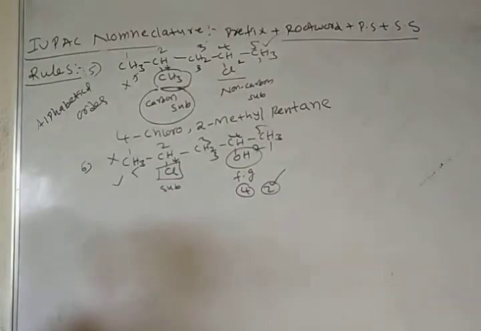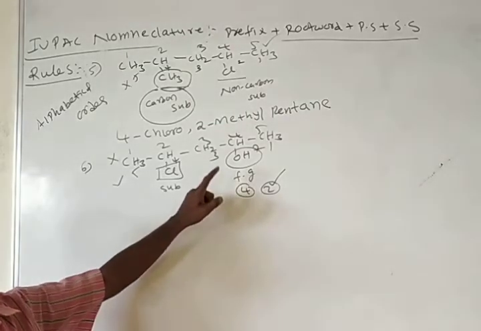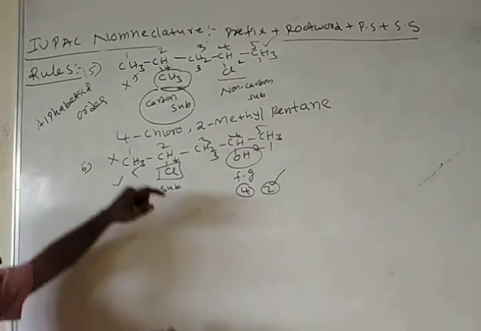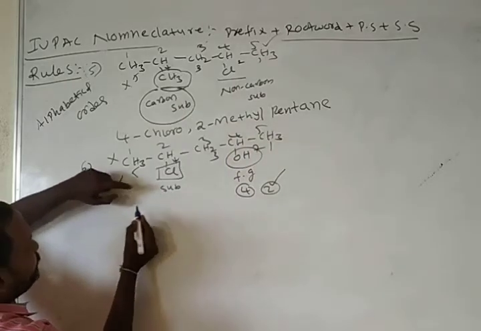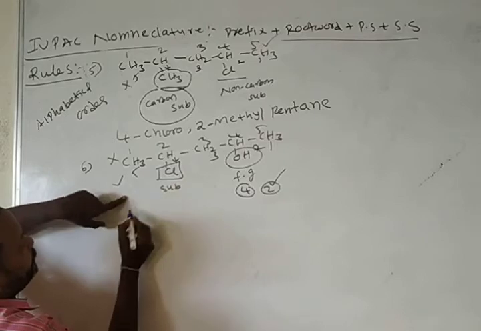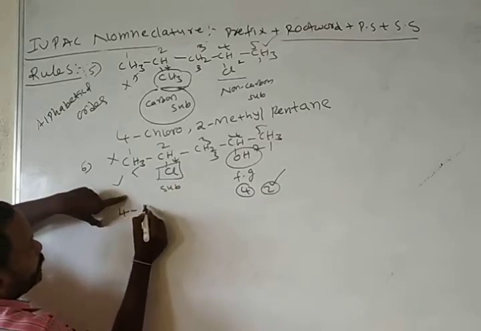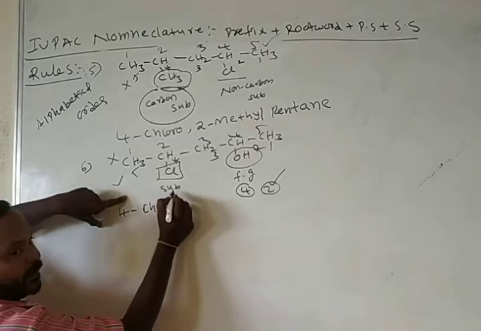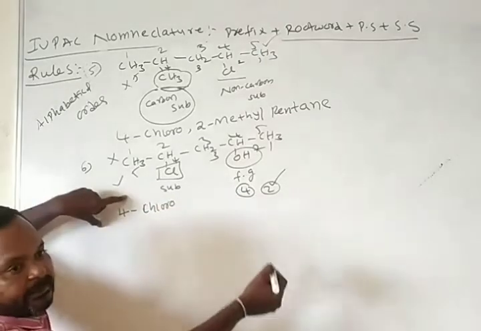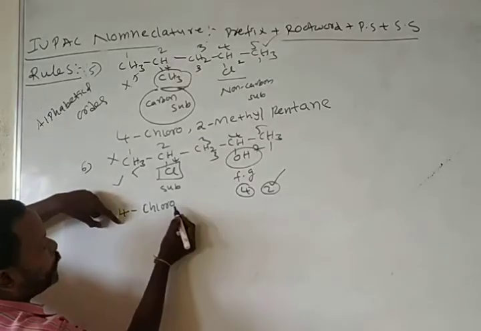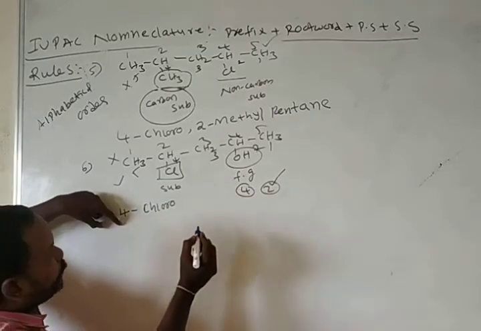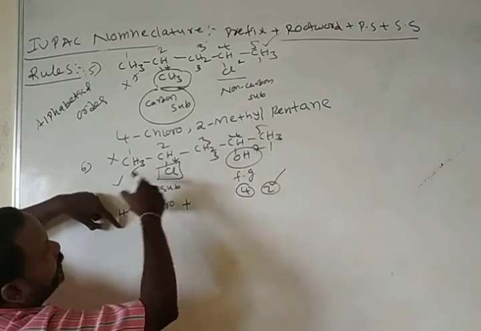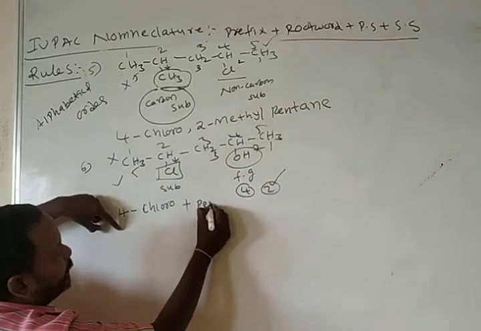Giving preference means give the least number to that one. First write the prefix. Which is the prefix? Chlorine, at the fourth position. 4-chloro. This is the substituent. What about the OH? It is a functional group. Root: how many carbon atoms? 5 carbon atoms, pent.